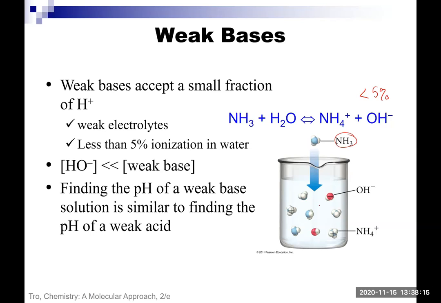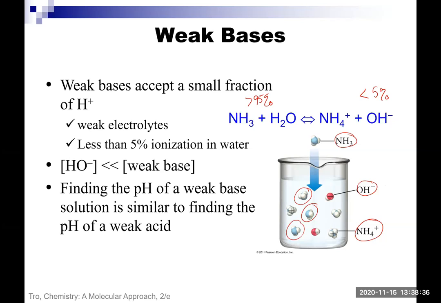And you notice that we have still plenty of NH3 here in this solution. We have some OH minus and some ammonium ion in solution, but it's less than 5%. We have greater than 95% of the original ammonia still left in this solution.